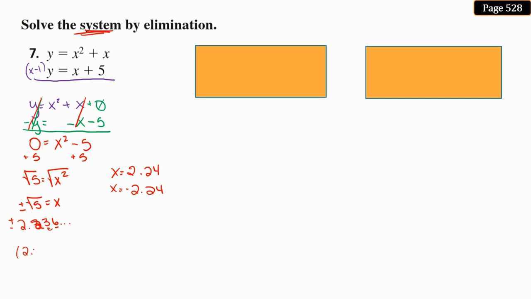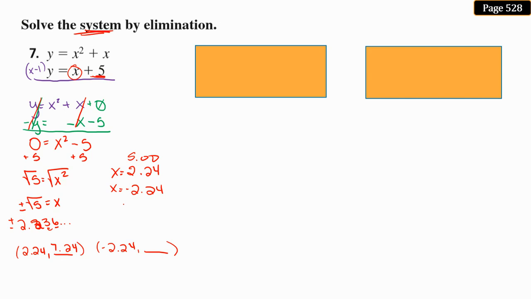So I know that I have a 2.24, comma, something, and a negative 2.24, comma, something. Take these and plug them in. So I'm going to take that and put it here because all I have to do is add 5 to it. So 5 plus 2.24 gives you a 7.24.